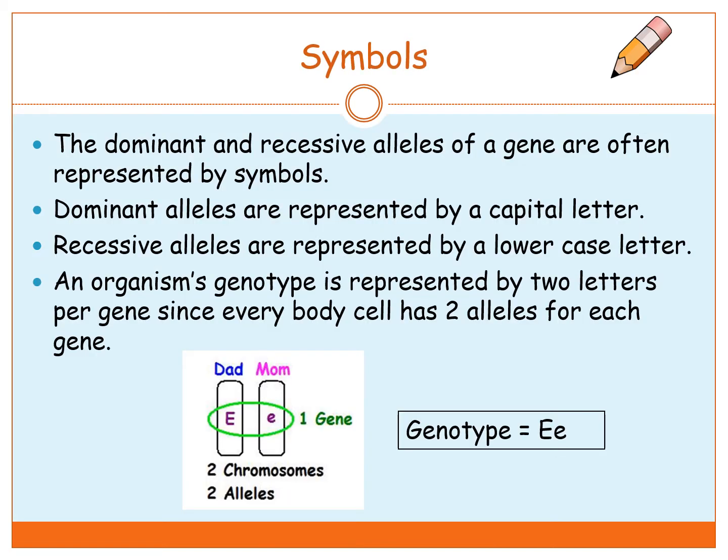So let's have a look at symbols. Symbols represent the alleles. The dominant and recessive alleles of a gene are often represented by symbols. Dominant alleles are represented by a capital letter, and recessive alleles are represented by a lowercase letter. An organism's genotype is always represented by two letters per gene, since every body cell has two alleles for each gene, one from each of your parents.